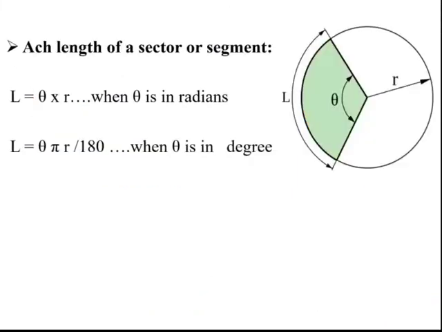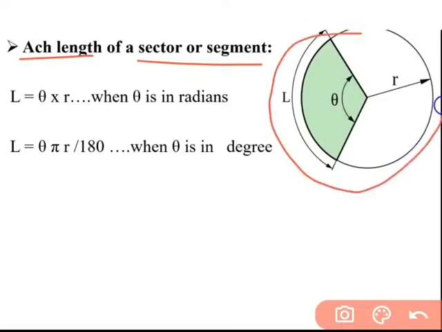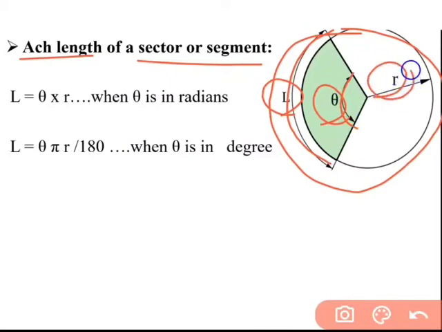Next, find out the arc length of a sector or segment. So you can see the figure of an arc length. This portion indicates the arc length, this is the angle theta, and this is the radius small r.